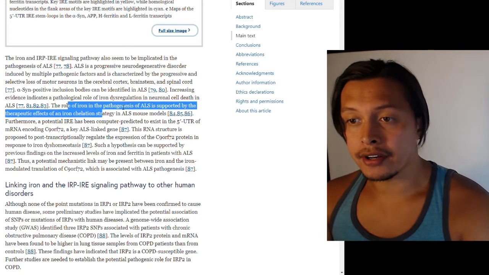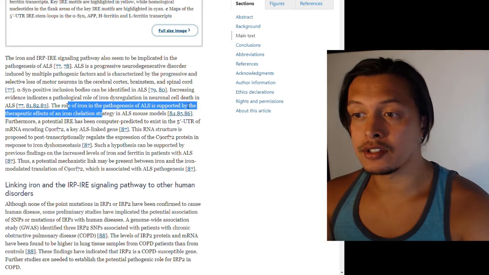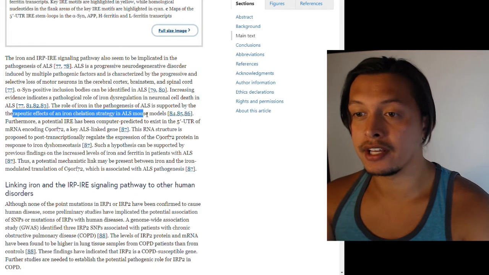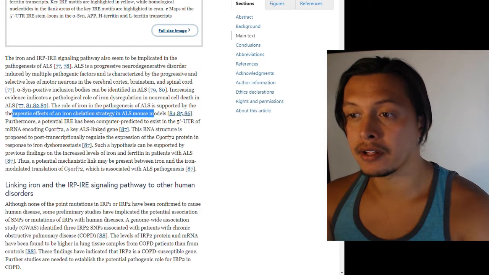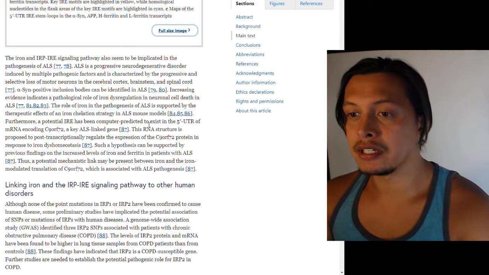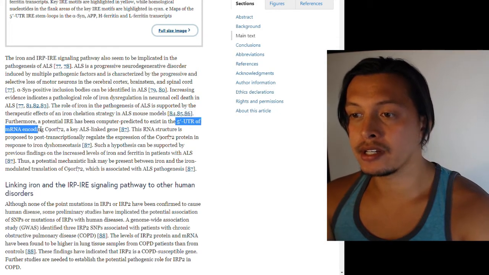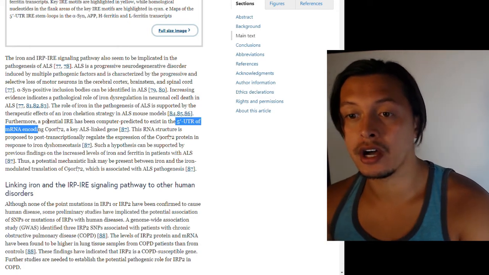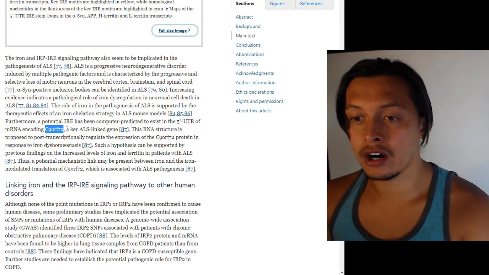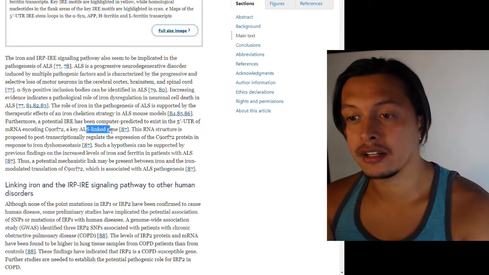The role of iron in the pathogenesis of ALS is supported by the therapeutic effects of iron chelation strategy in ALS mouse models. Furthermore, a potential IRE has been computer predicted to exist in the 5' untranslated region of the mRNA encoding C9ORF72, which is a key ALS-linked gene.